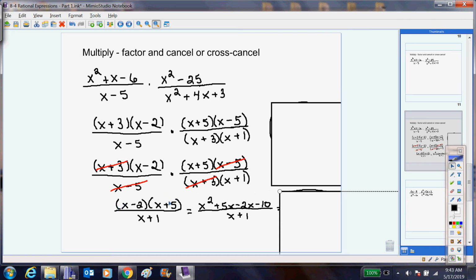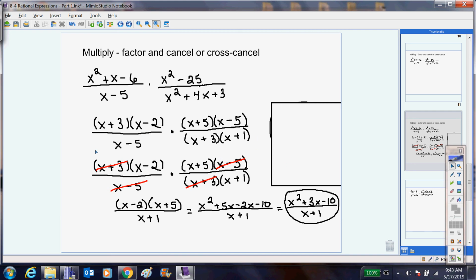And then put the like terms together. This is as simple as it's going to get, but that's still way simpler than this thing that we started out with. And then you do have to go back and ask about your restrictions.